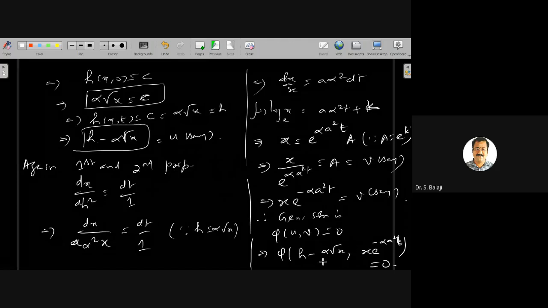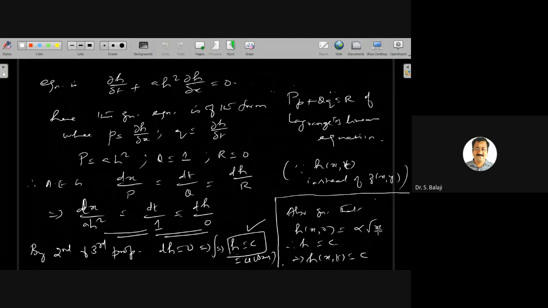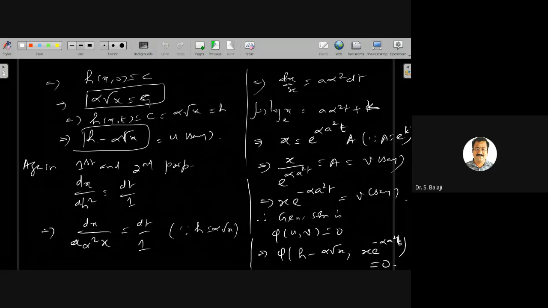Because of the initial condition, we can apply h of x comma 0 is equal to alpha root x. Therefore, here we replace t equal to 0. That is nothing but alpha root x equal to c.